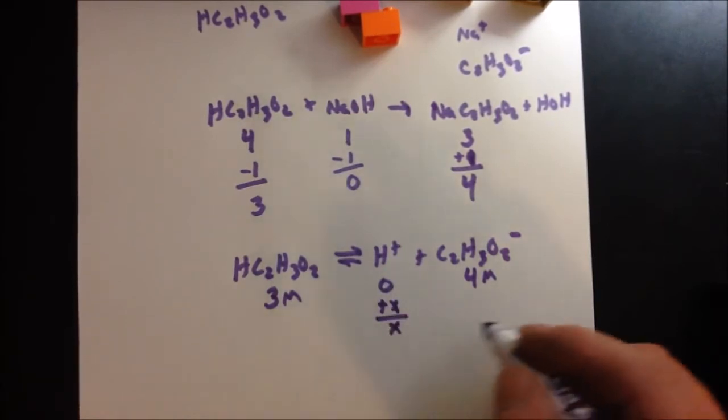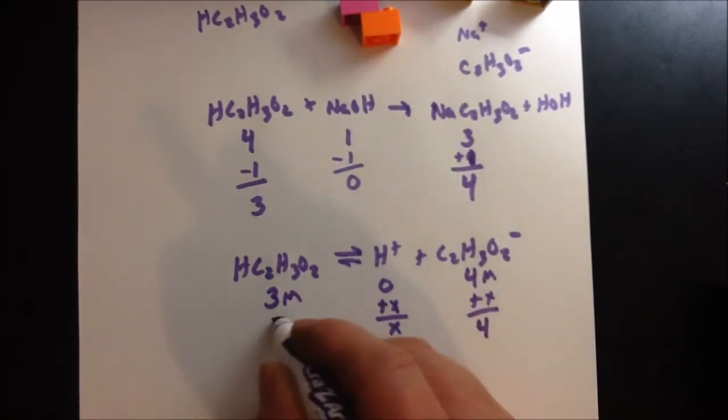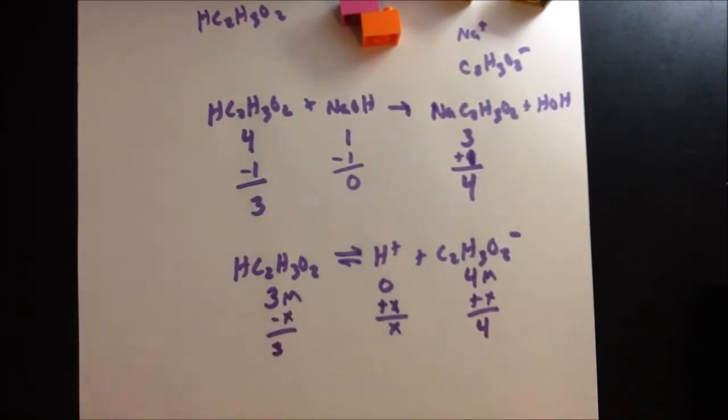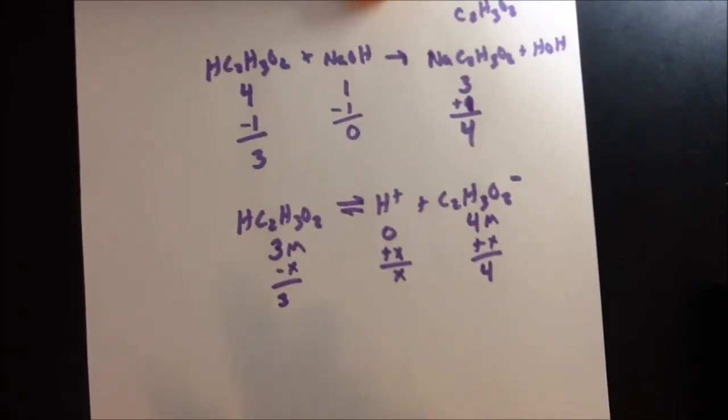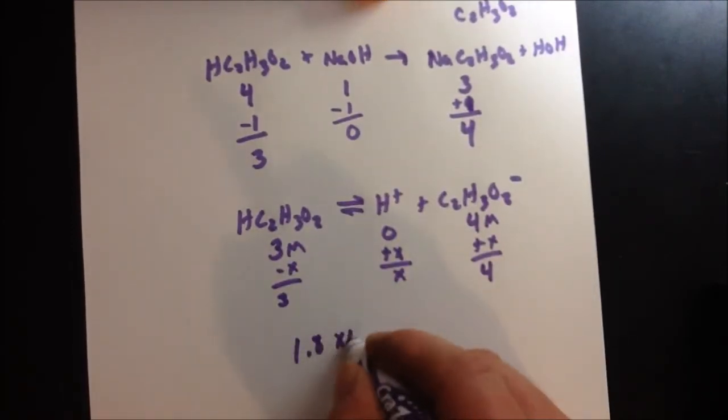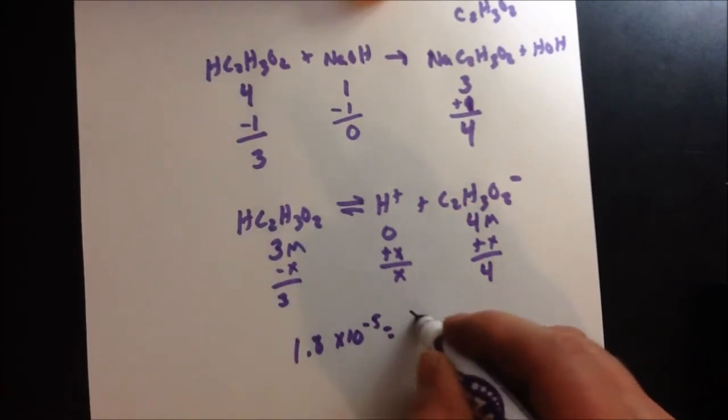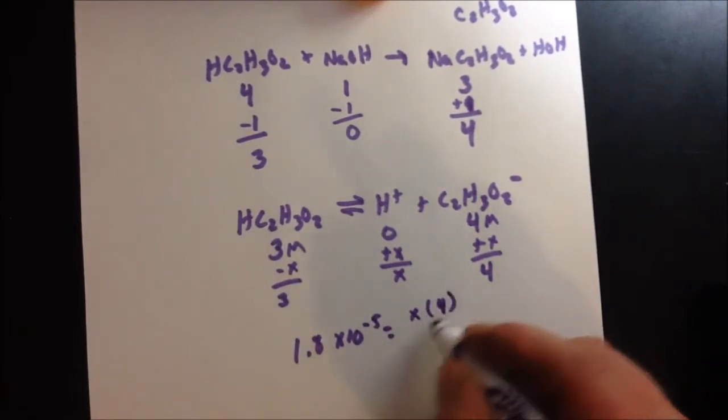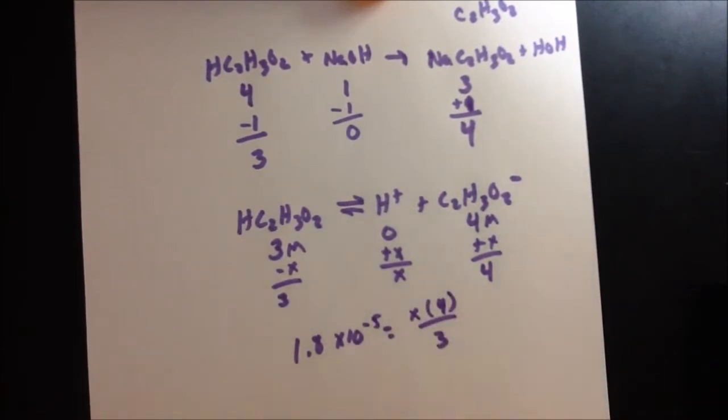Up by X to be X, up by X to be, again, 4, and down by X to not really be a significant change, be pretty much 3. 1.8 times 10 to the negative 5th equals X times 4 over 3.